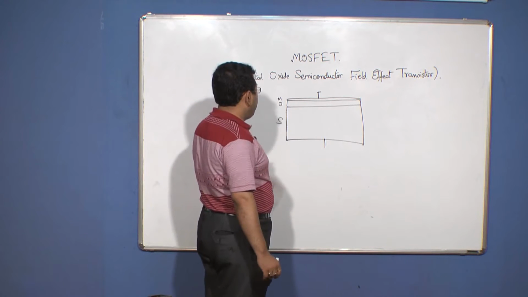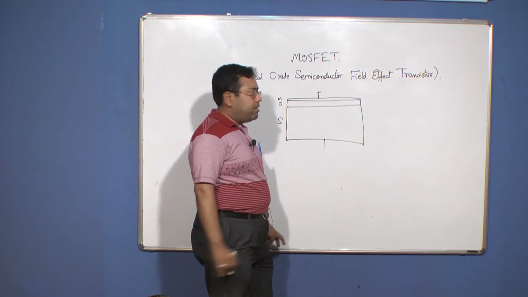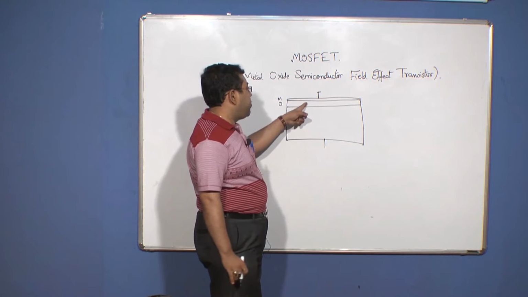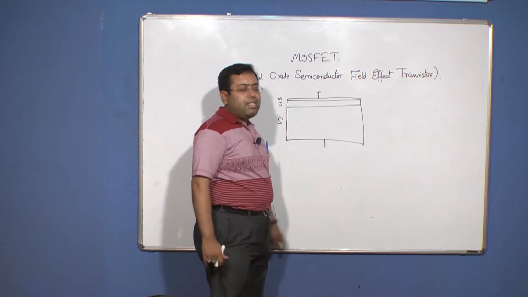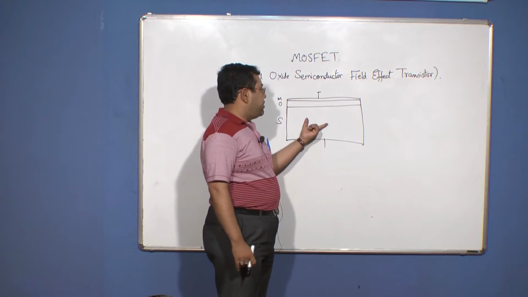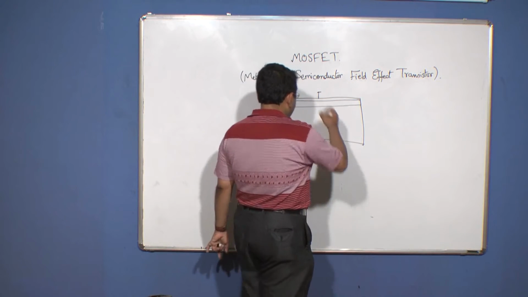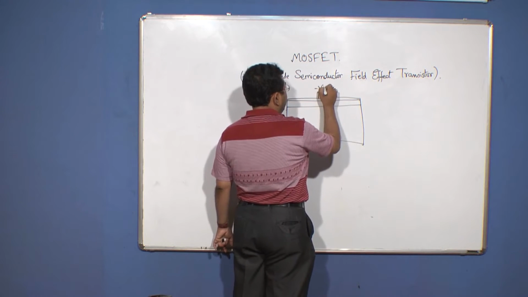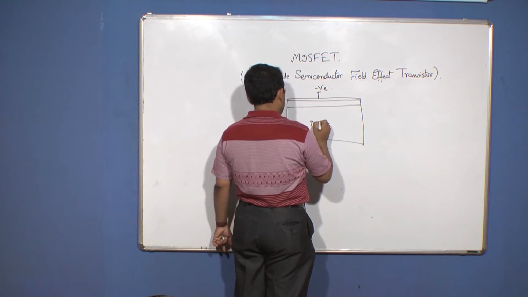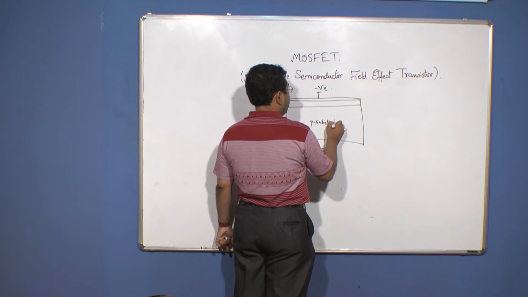So, in this MOS structure, we have doped polycrystalline silicon at the surface, followed by the oxide layer, which is typically a silicon dioxide layer, and then we have the semiconductor, which means the silicon structure. Now, if we apply a negative voltage across this MOS structure, let us consider that this semiconductor is formed of a p-type substrate.